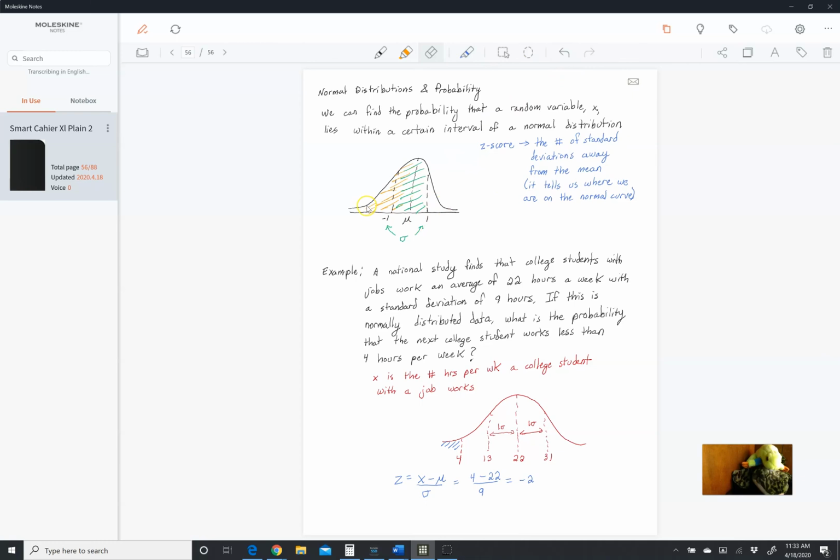So we're at -2. So what we're looking for, I'll put that in here too, just so that you can see it when it's written here.